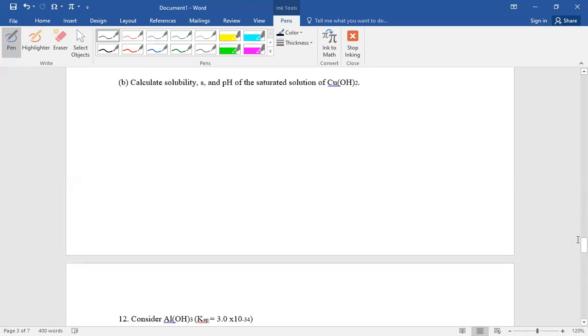Then we have this one: calculate the solubility S and pH of the saturated solution.